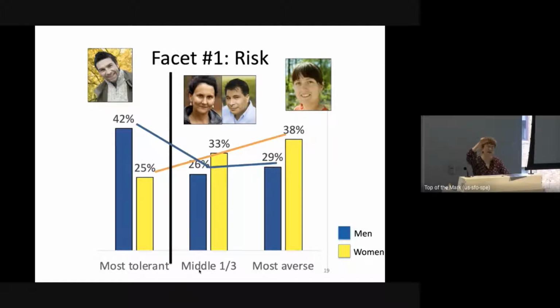Now there is a vertical line that I've added there, and it separates the Tim side of the graph from the rest of the people. Now suppose hypothetically that the software you were building supported only risk-tolerant people. In that case, how many of the men in this sample would it support? A little under half, 42%.